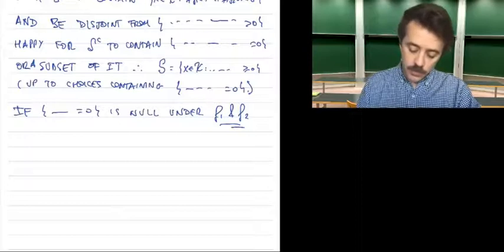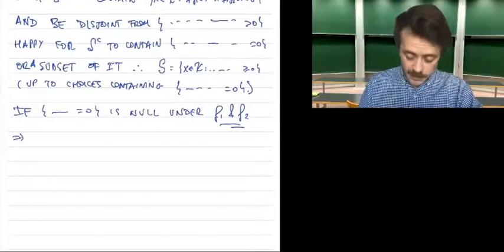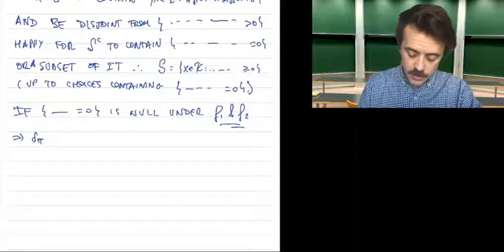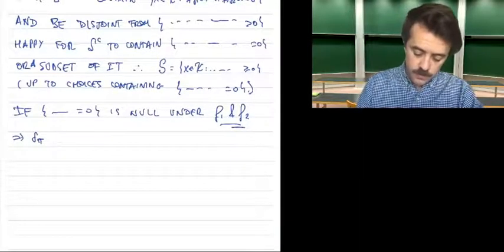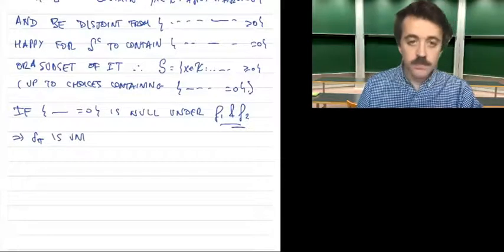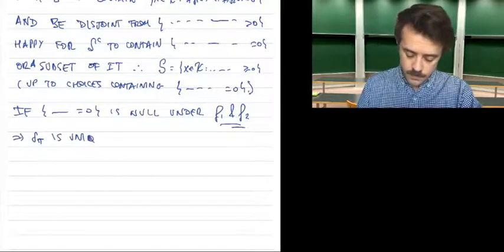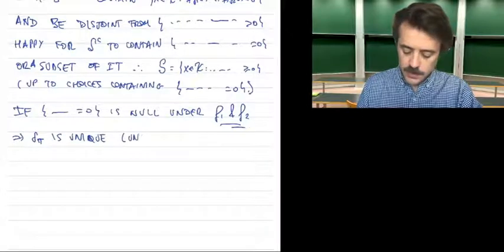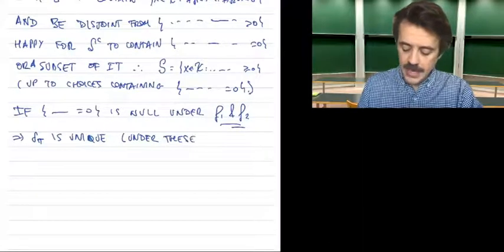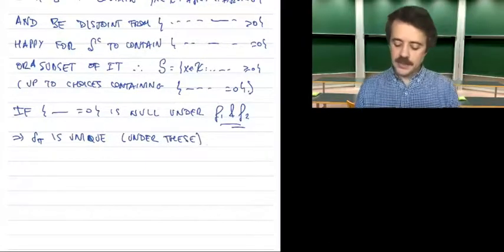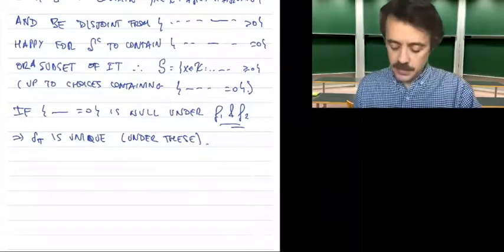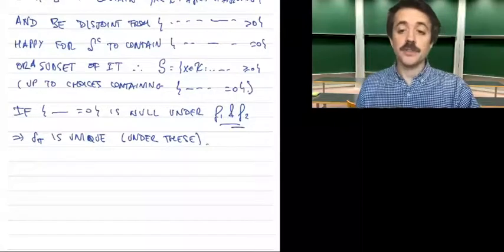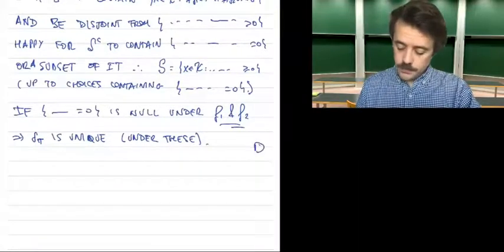Yeah? So it means that the delta pi is unique under these. Yeah? So if you had mass that is larger than 0, then you could be changing some of the elements in it, and then the classifier would actually be different. Yeah?